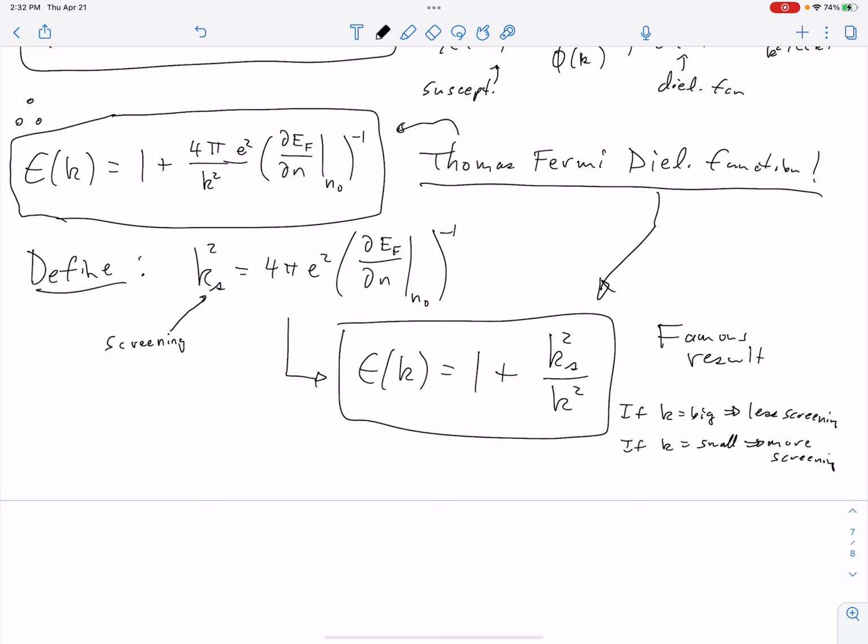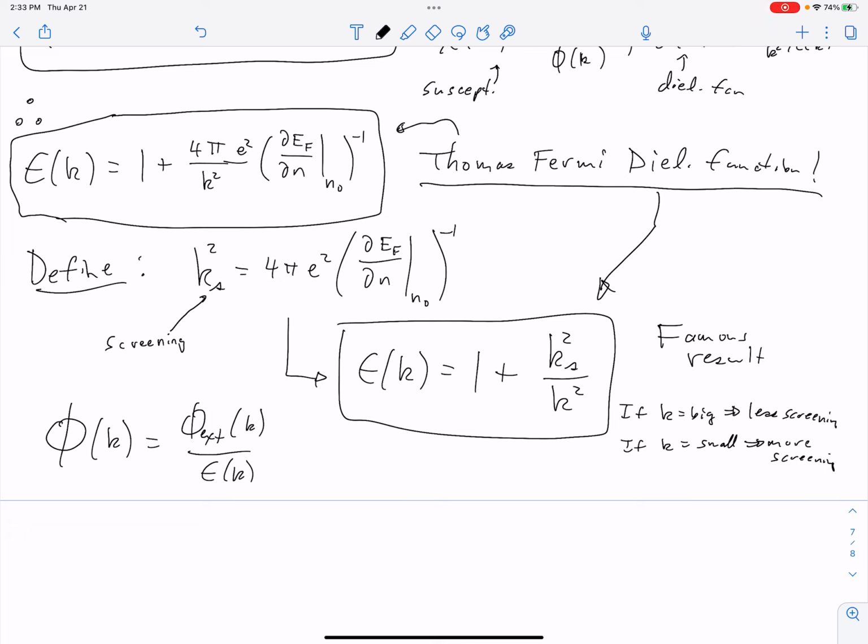And this whole business about screening is really important, because remember that the total phi of k is equal to phi external of k over epsilon of k. That was like an early result.